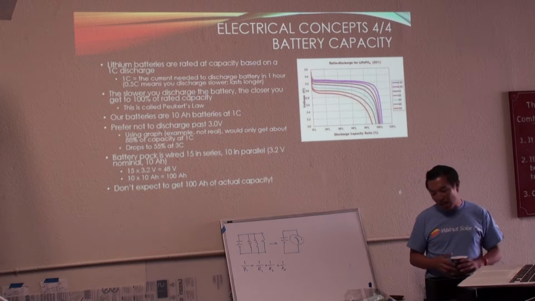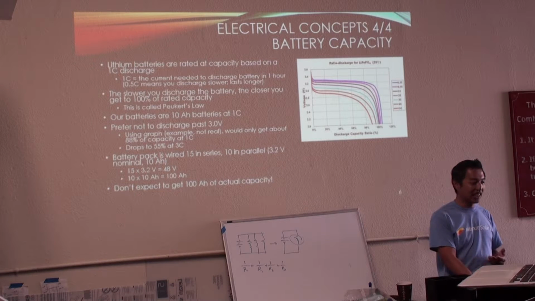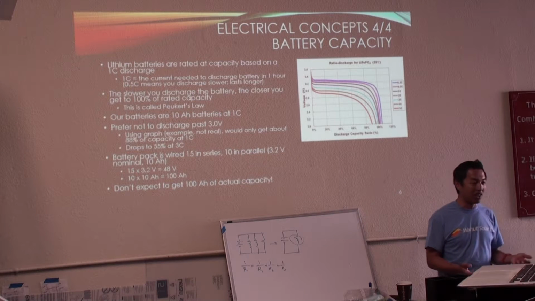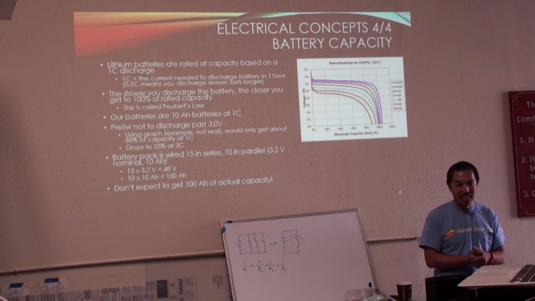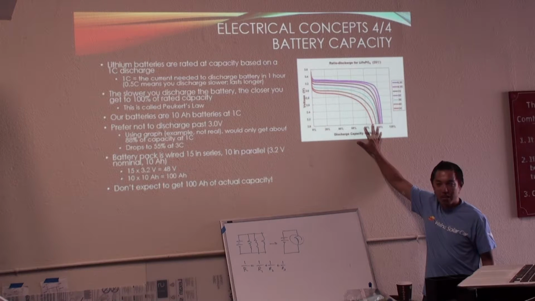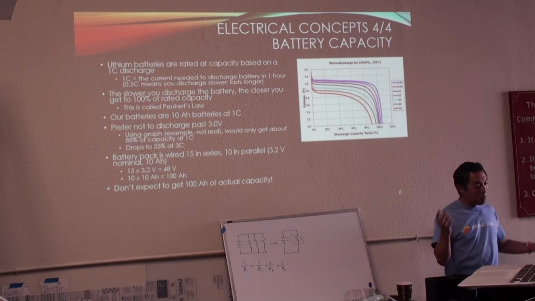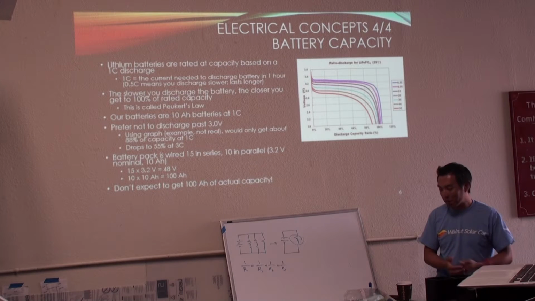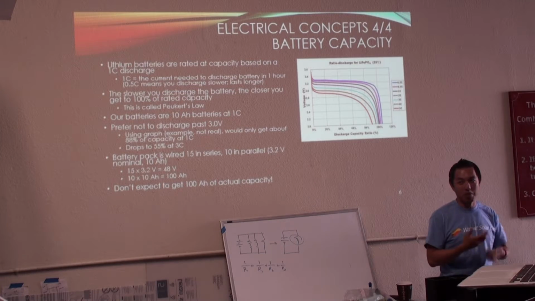You can say, I have data that tells me if I'm driving at 20 miles per hour, I'm going to draw 25 amps or whatever the numbers are. And then you can get a graph like this for our battery in particular, and calculate how much capacity you have. Might be a worthwhile exercise for those who have the time to do so. But we really want to also confirm that experimentally.